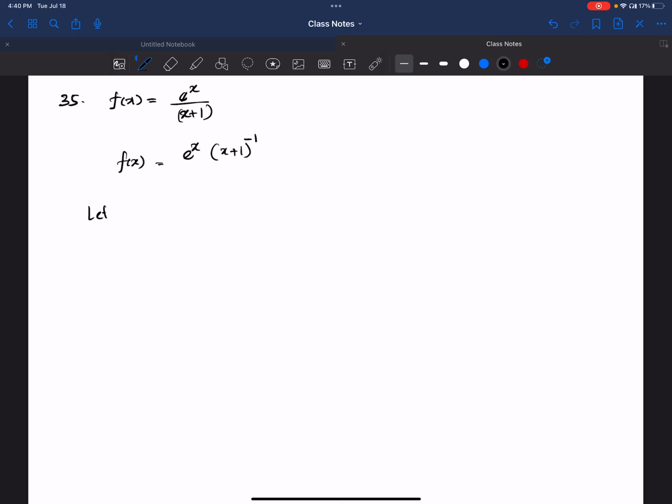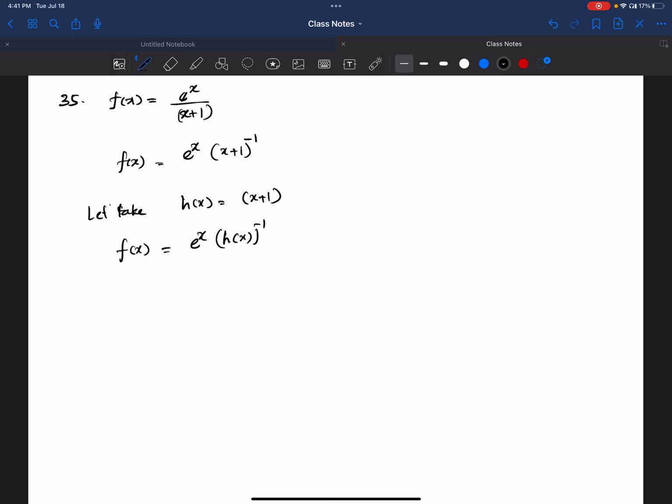Let's take h of x is equal to x plus 1. Now I can write my f of x equal to e to the power x times h of x to the power minus 1. So what did we learn before?